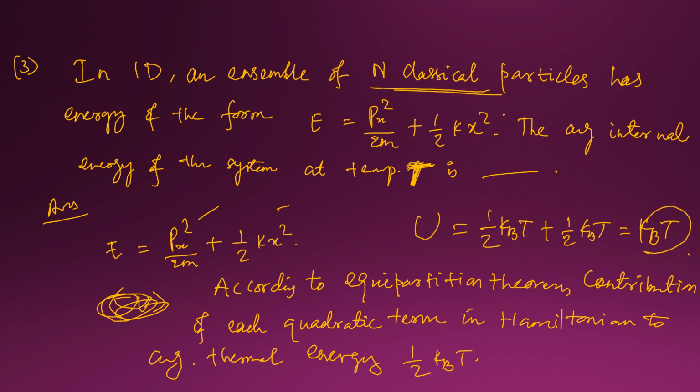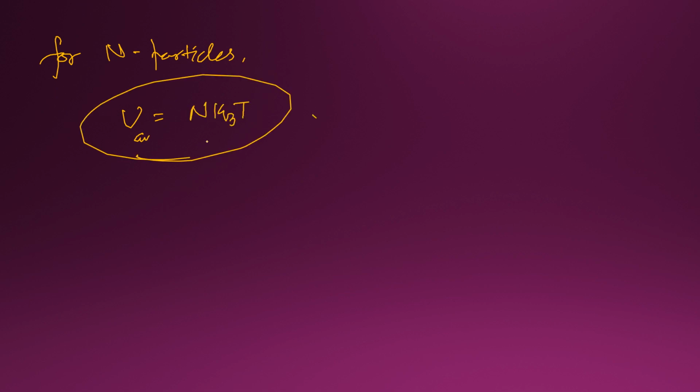N classical particles. This is for one particle. For one particle, your average energy is half plus half, 1 kBT. So for N particles, your average will be N kBT. That will be the answer.